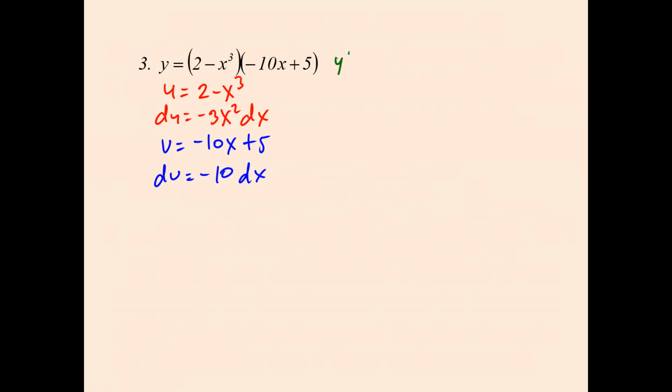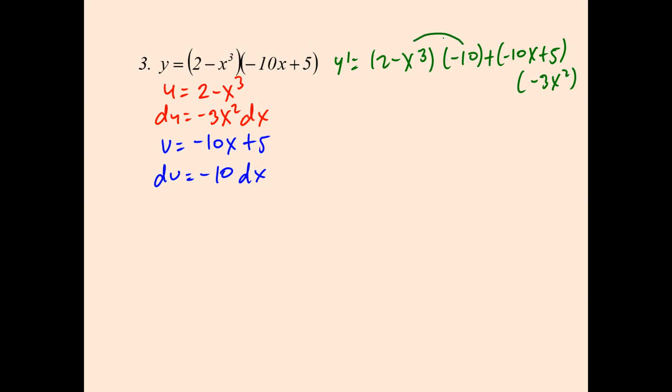So we have y prime is equal to u, which is 2 minus x cubed, times dv, negative 10, plus v, negative 10x plus 5, times du. Dito lang sa baba, we have negative 3x squared.